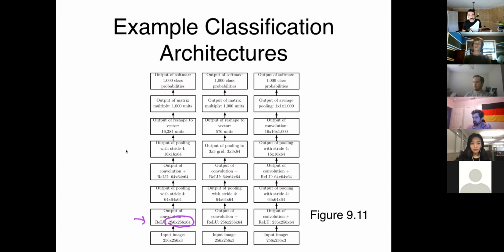You use a multiple number of kernels here, 64 kernels, and this is the output as a result of convolution. And then you do pooling of stride 4 to reduce the size, and you see that the depth remains the same as a result of this operation, but you reduce the width and height of your output as a result of this pooling operation.